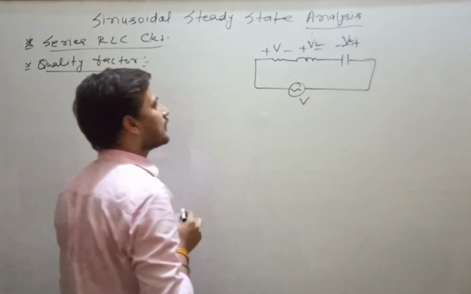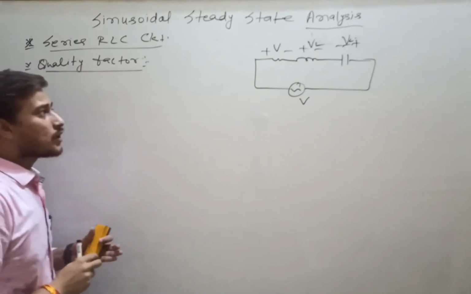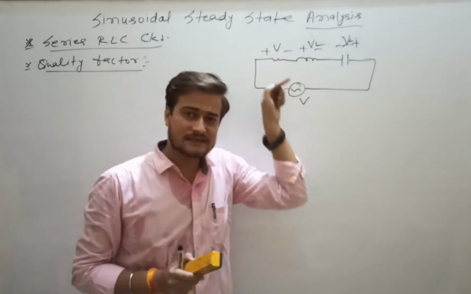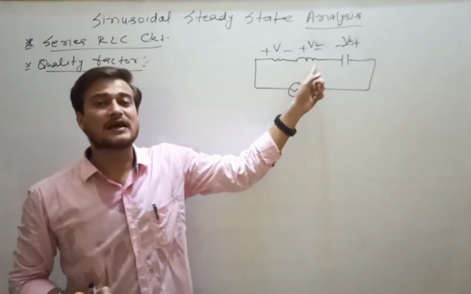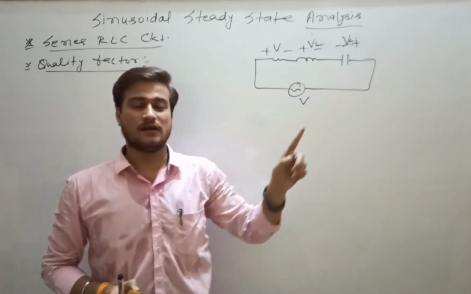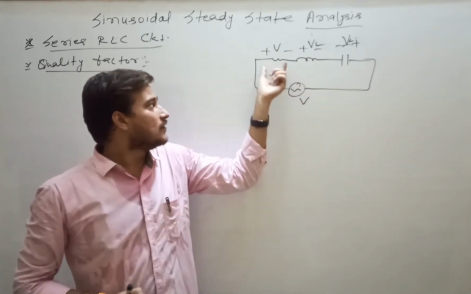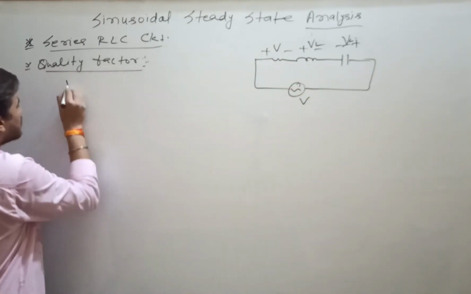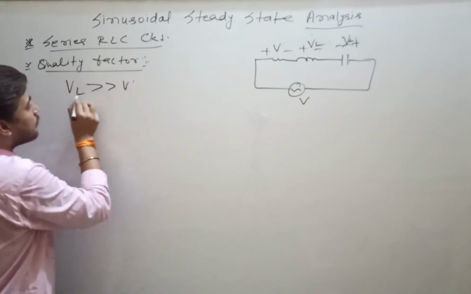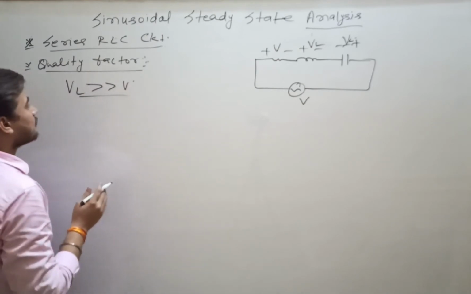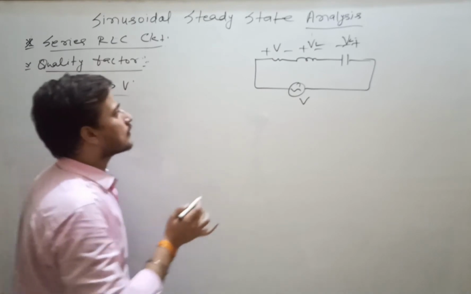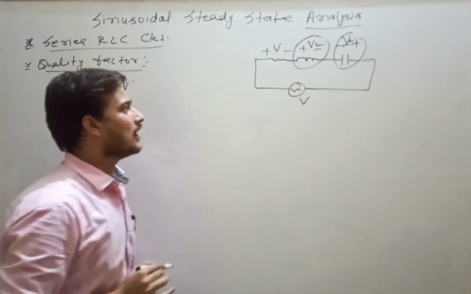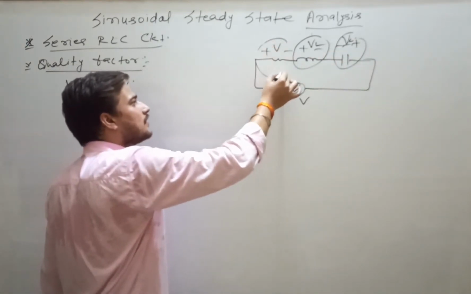Since you are designing this circuit intentionally to achieve maximum voltage across inductor and capacitor, VL will be much higher than V. So VL is greater than V. That means inductors and capacitors are energy storing elements, and across the resistor the power is being dissipated.